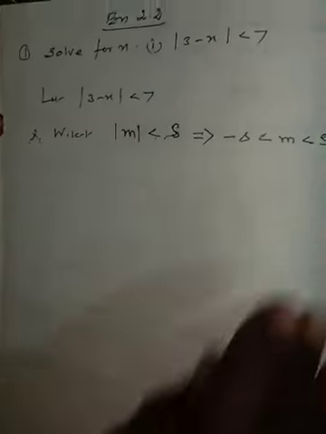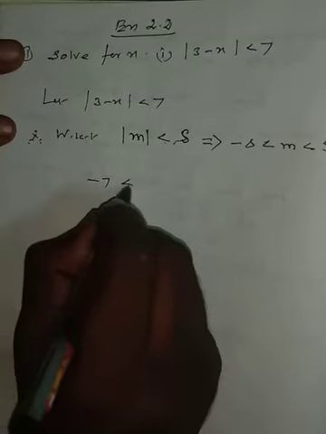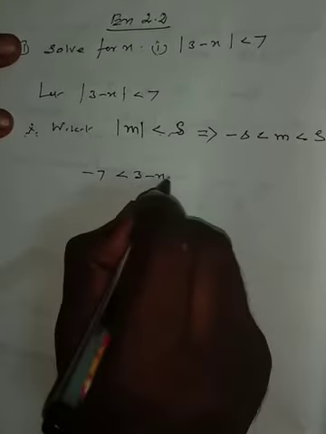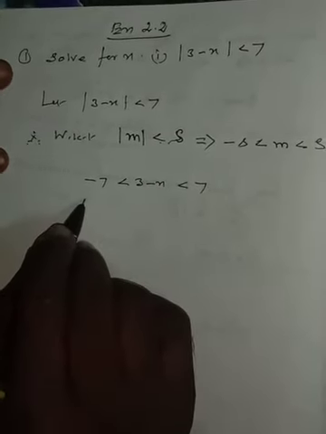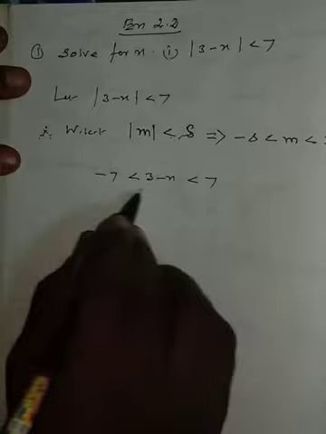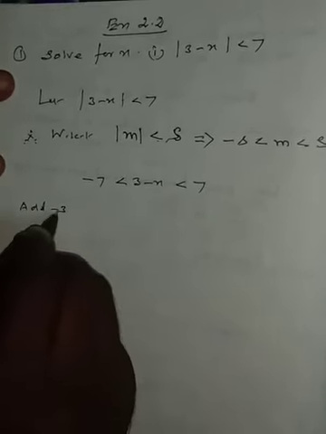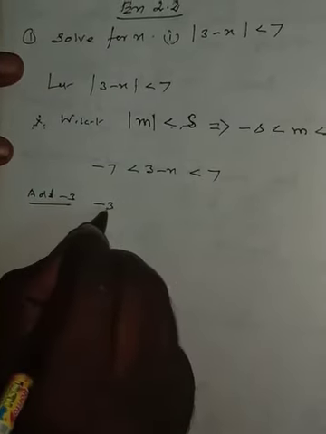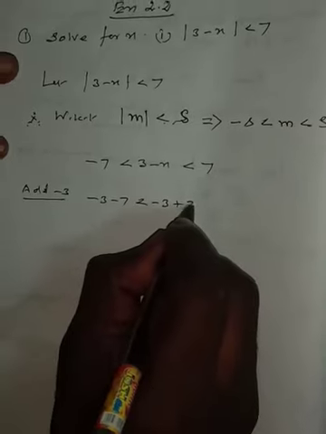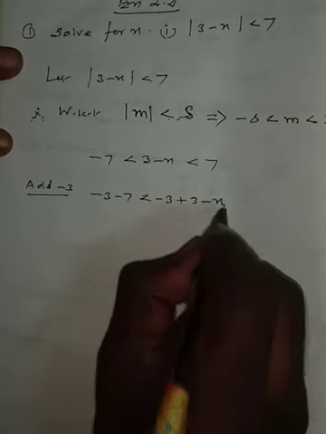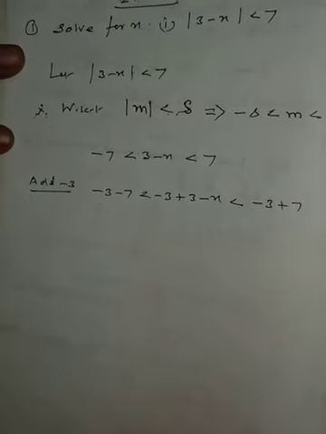Using the given inequality, minus 7 less than 3 minus x less than positive 7. Now add minus 3: minus 7 minus 3 less than minus 3 plus 3 minus x less than minus 3 plus 7.